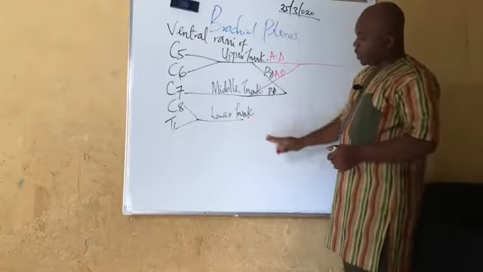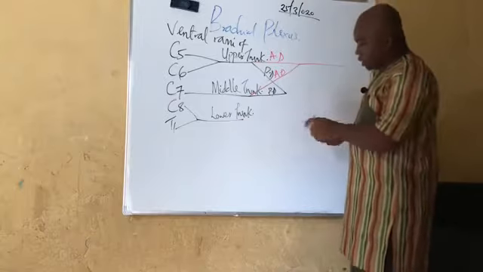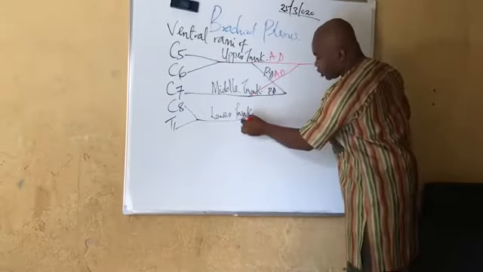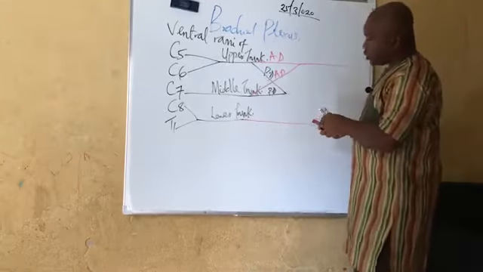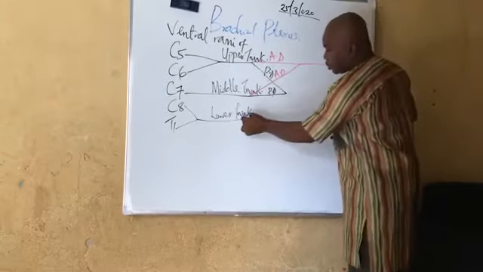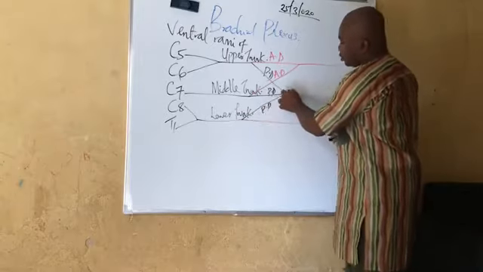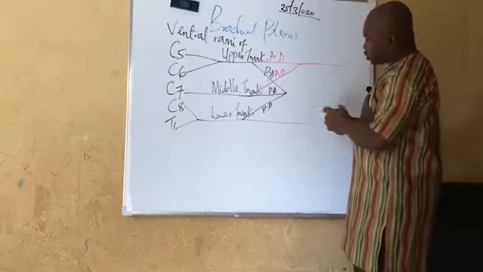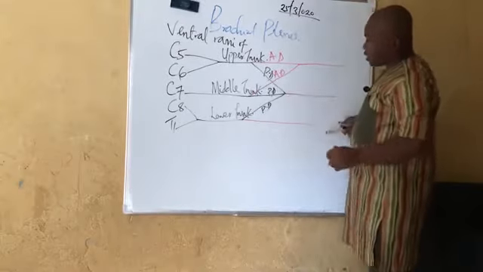Then for the lower trunk, the anterior division will proceed, while the posterior division of the lower trunk will combine with these other posterior divisions to form the posterior cord of the brachial plexus.